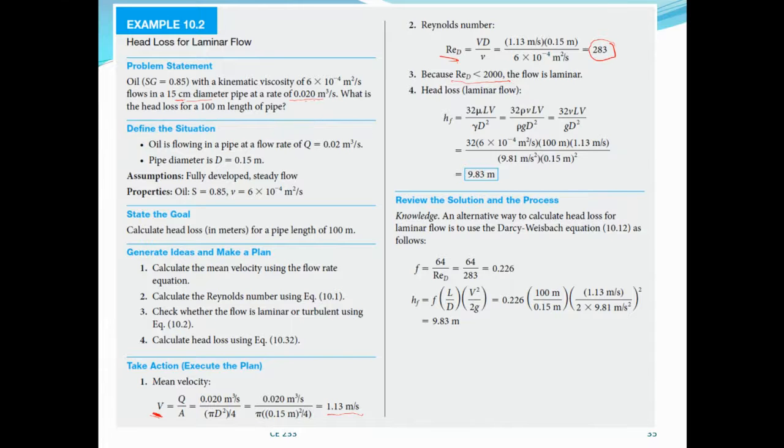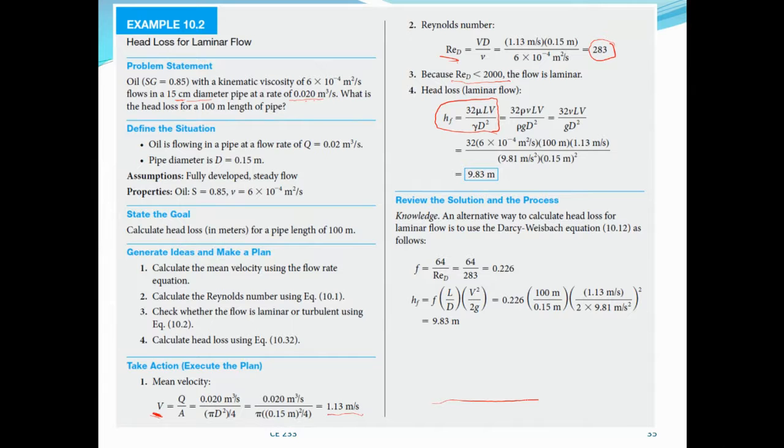Hence, we can apply the head loss formula for laminar flow. Everything here is known. The velocity, we already found it, so we substitute. So this is the head loss, meaning it lost a head of 9.8 as the oil is flowing in the pipe.